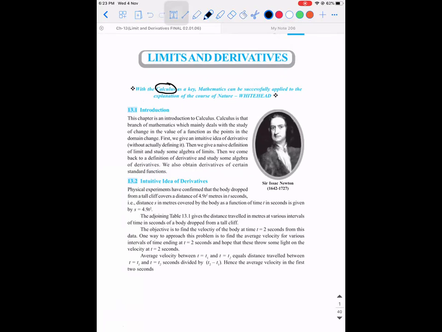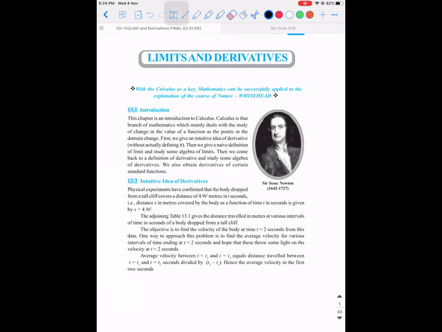The chapter that I'm going to teach you now is going to create the base for the whole of calculus for your next year. Next year, remember, 35 marks from your 80 marks is only calculus. You have so many chapters, but the base for everything starts from here: limits and derivatives.